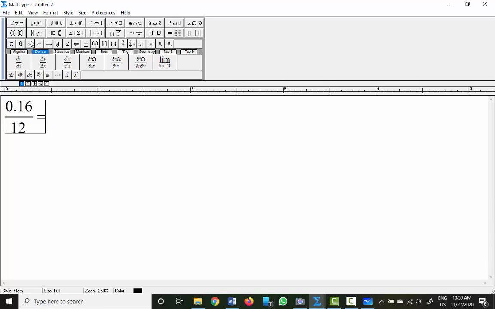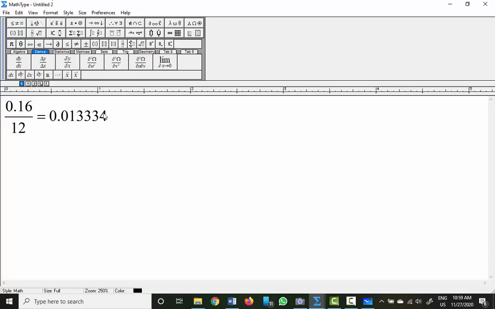So 0.16 divided by 12, we will get 0.013333, like that, or we can write it as 0.0133.